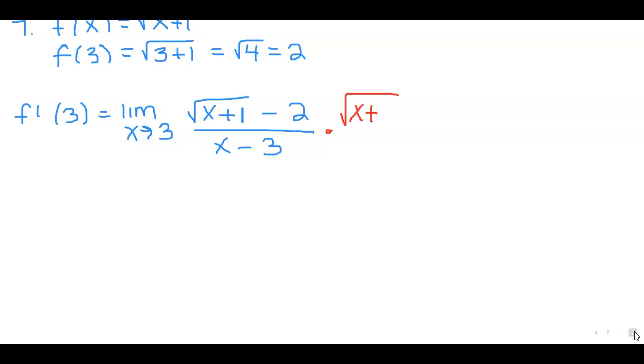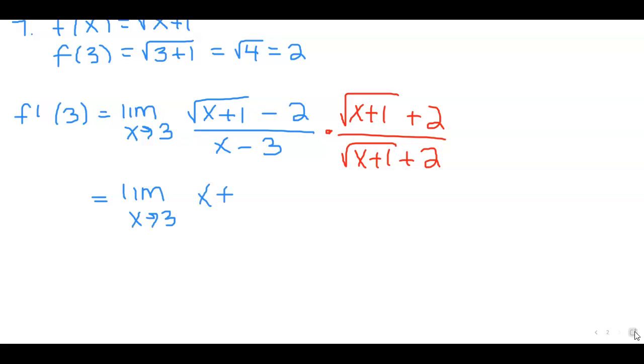So we're going to multiply by the square root of x plus 1 plus 2 over the square root of x plus 1 plus 2, so that we get the limit as x approaches 3 of x plus 1 minus 4, because 2 times 2 is 4, negative times positive is a negative, all over x minus 3 times the square root of x plus 1 plus 2.